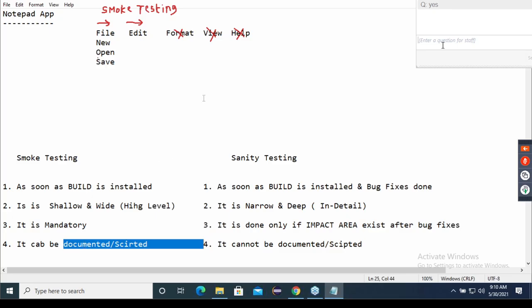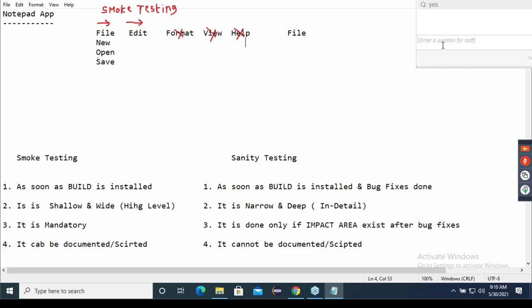The requirement was given: file will be there, edit will be there, format will be there, view will be there, help will be there. All these modules will be developed by the developer. And everyone knows that the test engineer has to write the test document. So I am writing one test document for file.